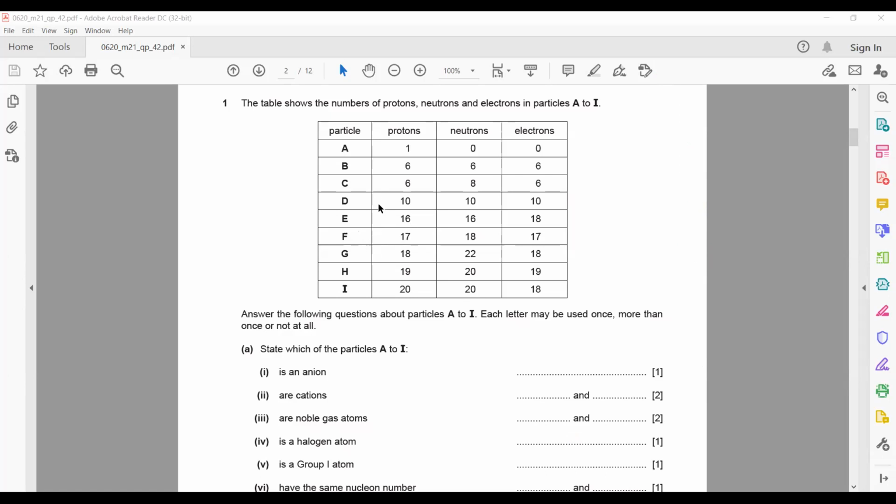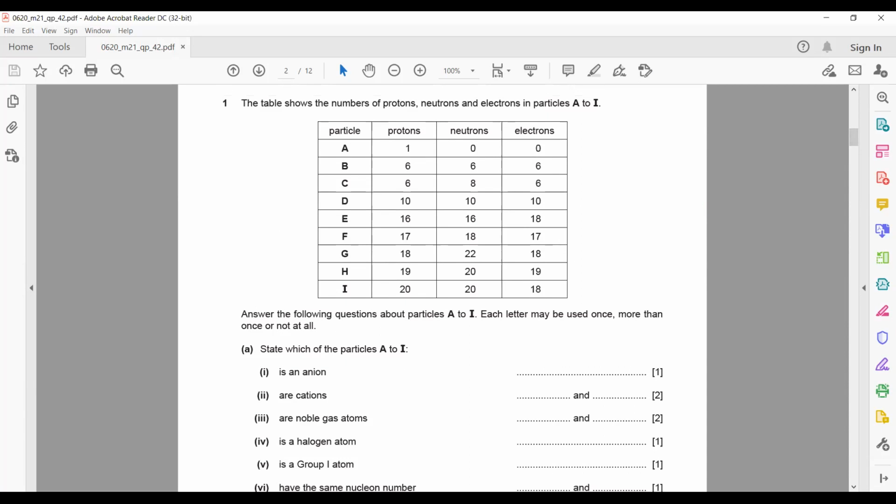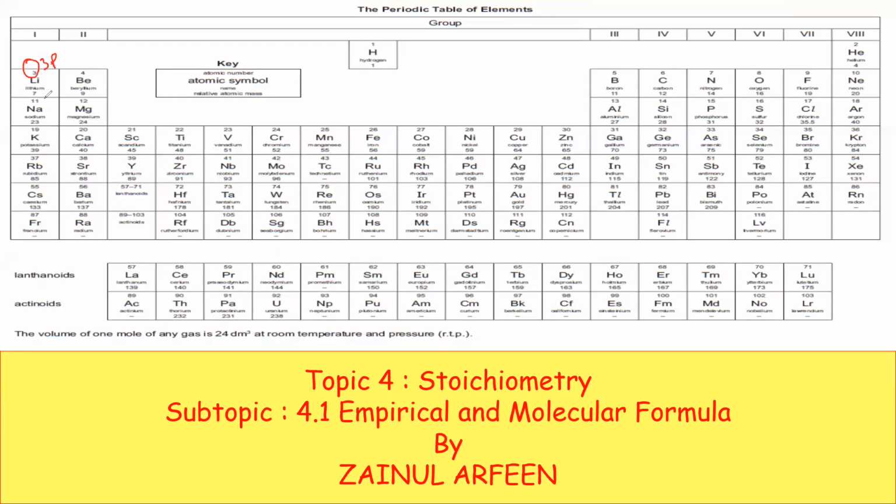Then the next part is a group 1 atom. How to work out a group 1 atom? Again you have to use the periodic table for this. Group 1 atoms can have 3 protons, 11 protons, 19 protons and so on.